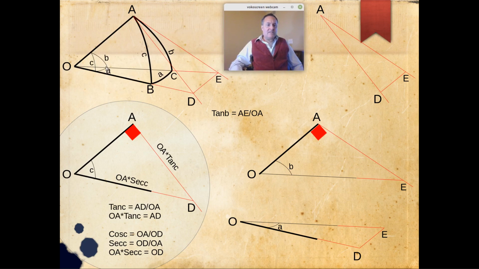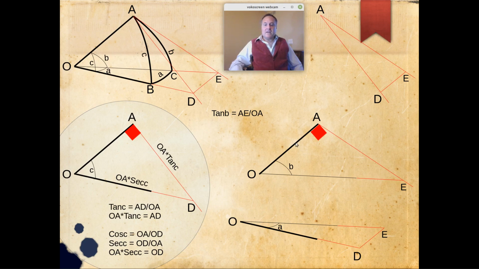That is the angle at the center, which has the same arc minute value as the length in nautical miles of this side, AC, at least when we're talking about celestial navigation and terrestrial navigation. So I've got tangent of B is AE over OA. Okay? And this triangle, as you might recall, comes from this diagram that we developed in the previous slide, OAE.